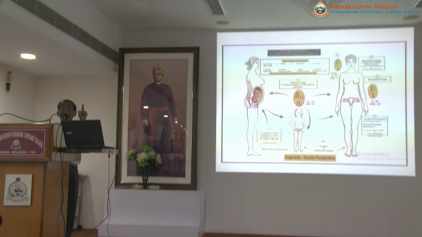What is happening? When the fetus is in her mother's womb, oogenesis starts. Try to understand the contrast. I told in male it's at puberty, but here in case of oogenesis in female, it started when the fetus is in her mother's womb. And the first meiotic prophase is completed when she is in the mother's womb, and arrested at first meiotic phase, diplotene stage.